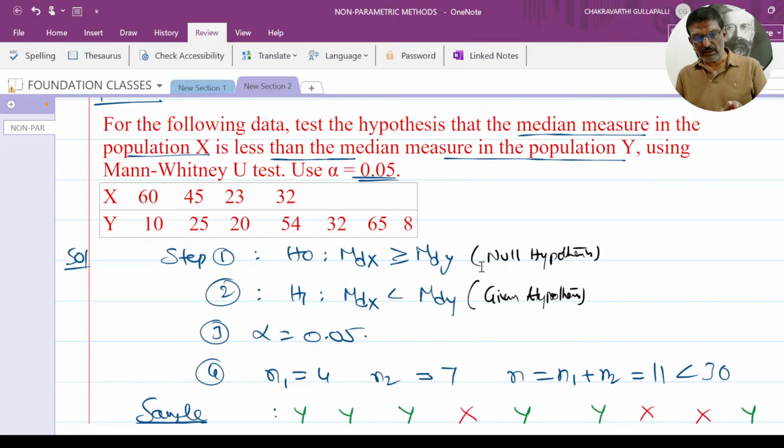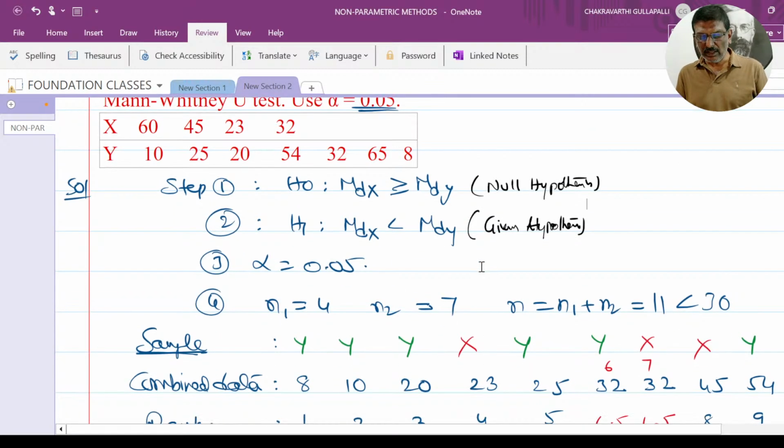Neutrality means both are equally good; sometimes one may be more than the other. So the alternative hypothesis is that the median of the population X is less than the median of population Y. The statement to be tested must be in the alternative hypothesis. The complement of the null hypothesis is greater than or equal to.